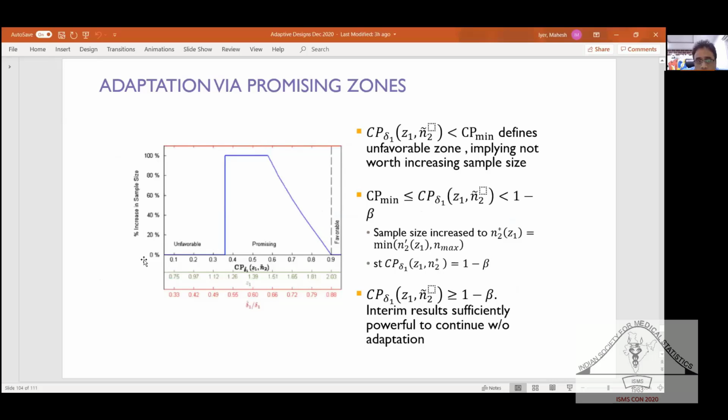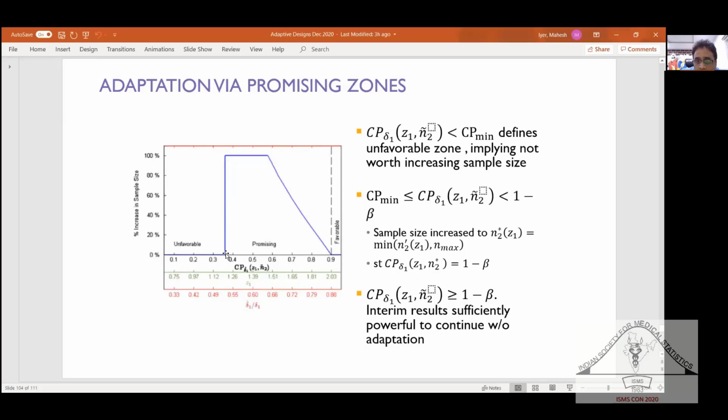This blue line that you see is the n value, the increase in the sample size. This line that you see here is your conditional power, on the x-axis.